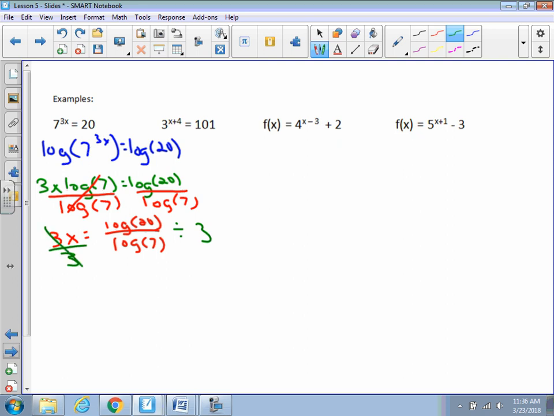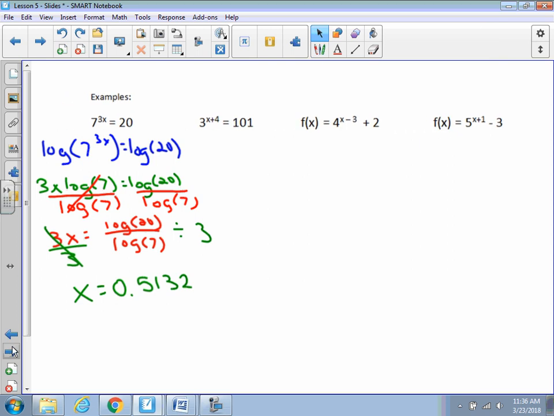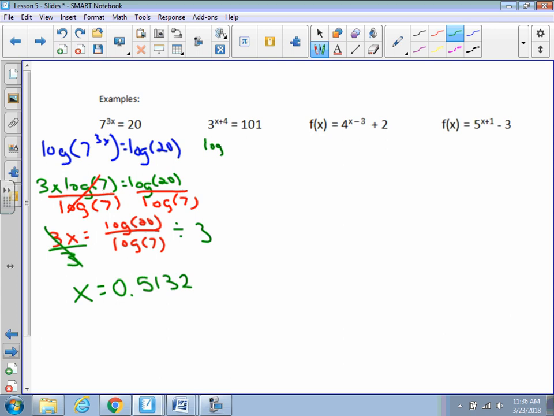Okay, for our next example, I'm just going to shift that a little bit. So I'm going to do log of 3 to the x plus 4 equals log of 101. Power rule says I can take the x plus 4 out front, leaving me with x plus 4 times log of 3 equals log of 101. Again, I apologize for the bell. And then we're going to divide both sides by the log of 3.